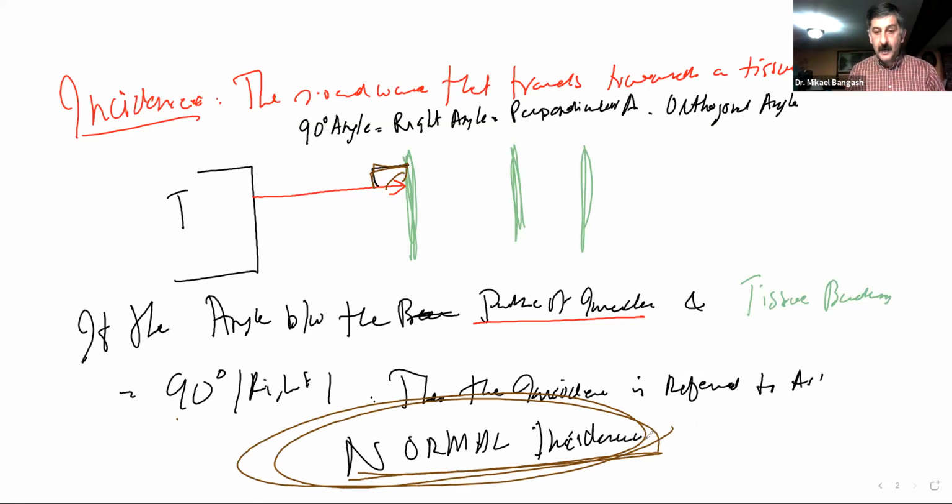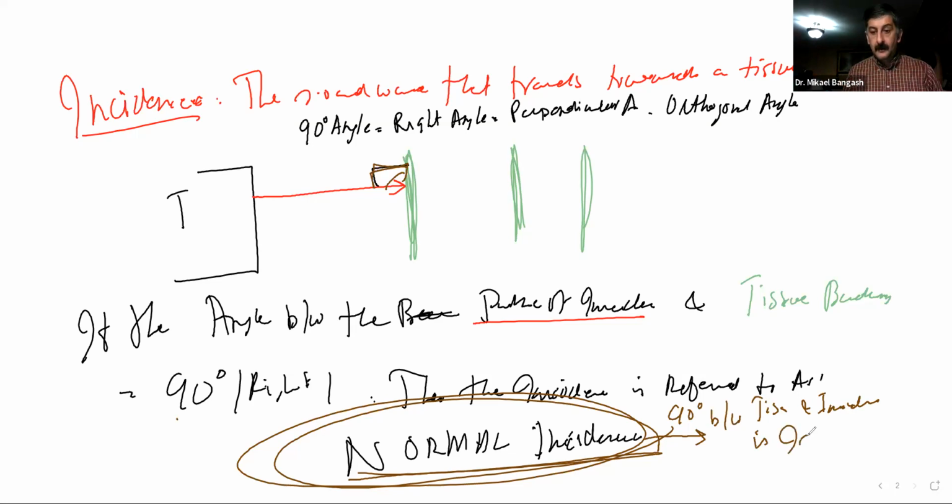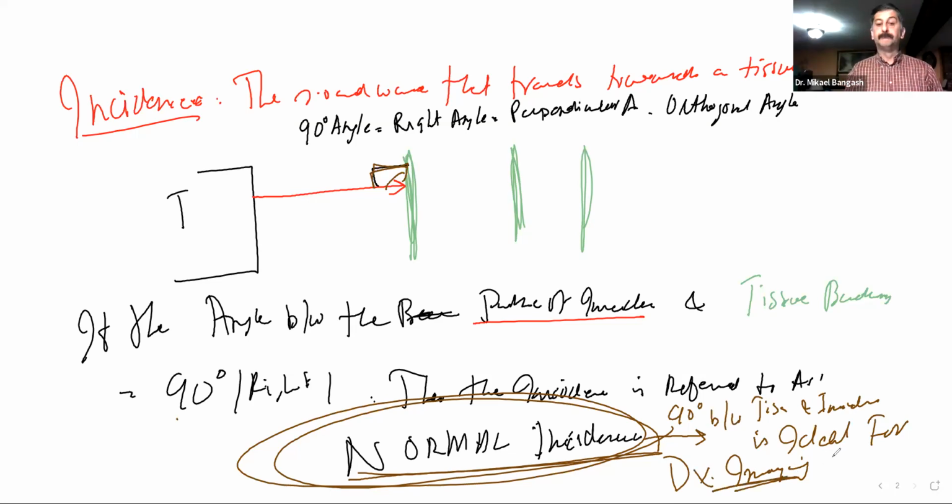But please keep in mind, this normal incidence, where there's that 90-degree angle between your tissue boundary and the incidence, is ideal for diagnostic imaging, where your goal is to create an image or a picture.